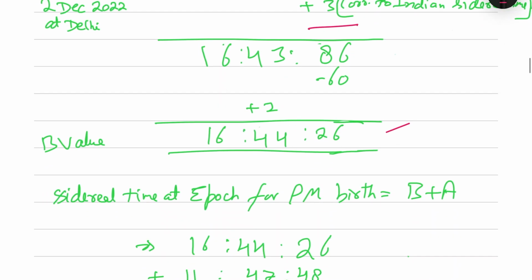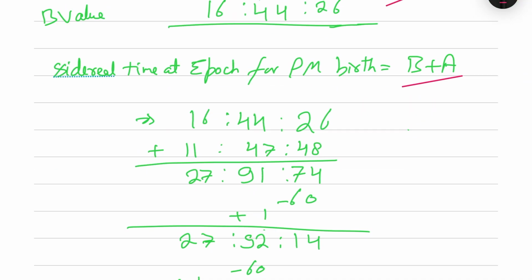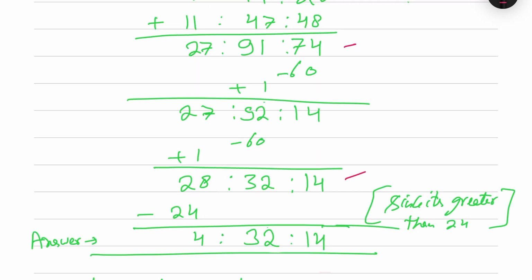Since it is a PM birth, we do B plus A. When we add these two, we get 27:91:74, so the initial calculation comes as 28:32:40. Since the sidereal time at epoch can be between 0 and 23 hours 59 minutes 59 seconds, I have to subtract 24.